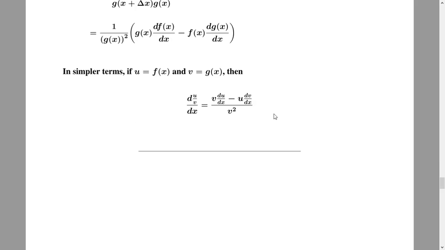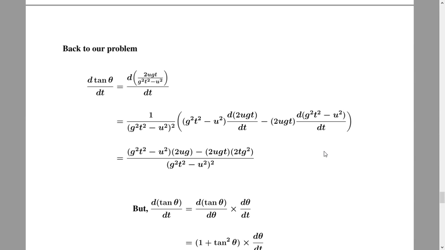You can use this when you have two functions, one in the numerator and one in the denominator. So that's what it is in our problem. We want to find the derivative of tan theta with respect to t, and we found out that the derivative is equivalent to this derivative here. So here you have 2ugt by g square t square minus u square.